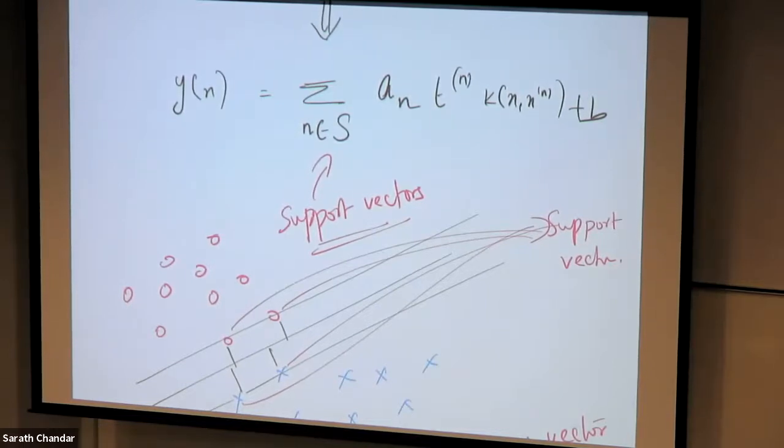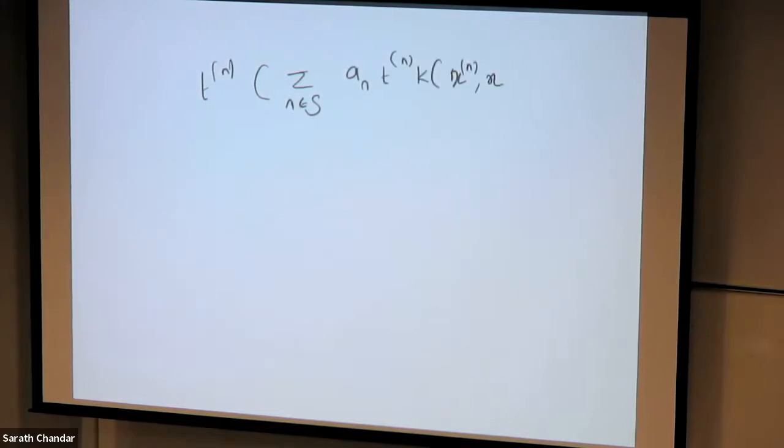Well, there is a simple idea. Consider any support vector. For any support vector, t_n multiplied by the summation over m belonging to S of a_m t_m k(x_n, x_m), plus the bias, is equal to 1.